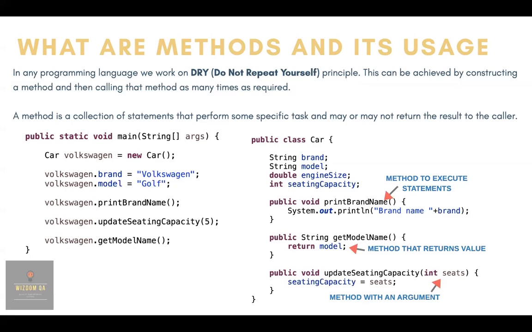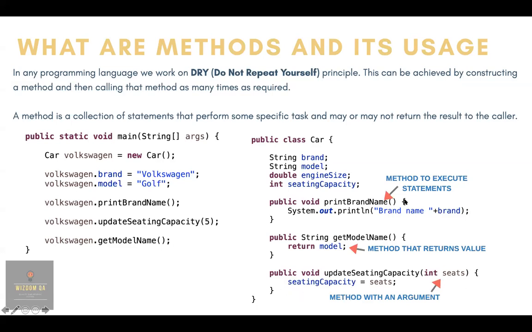Okay, and then we have update sitting capacity. This method is simply accepting an argument. This section out here in the brackets, we call it argument or parameters. You're using the argument or parameters, and then you're using that information inside the method.